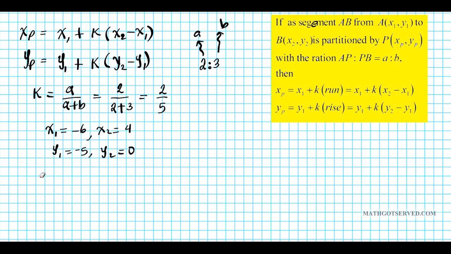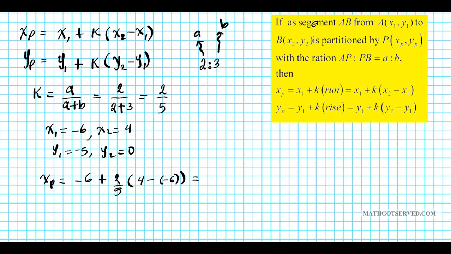So the x-coordinate of our partition point is x1, which we already know is negative 6, plus k, the constant for partitioning, which is 2 over 5, times x2, which is 4, minus x1, which is negative 6.